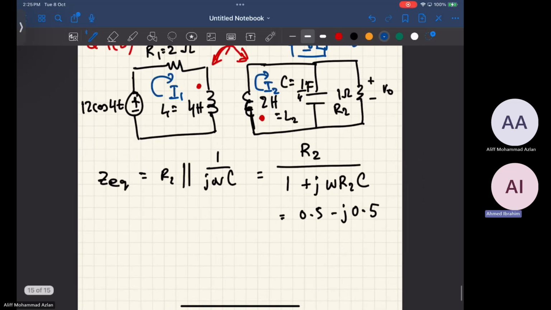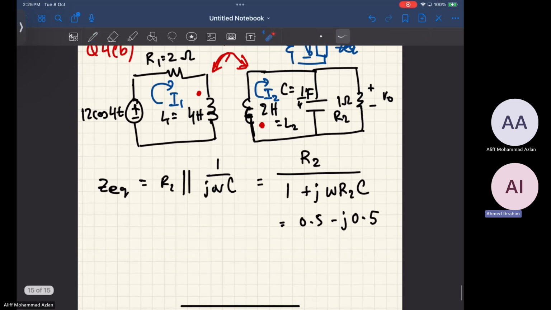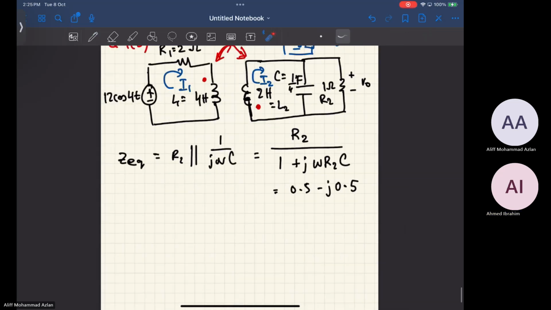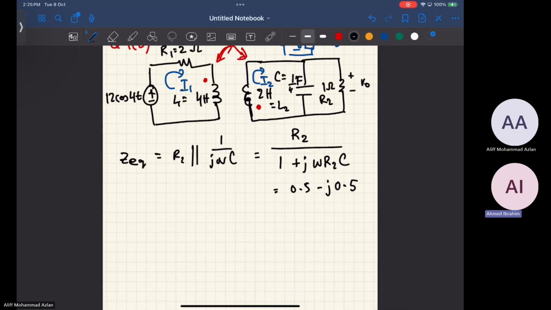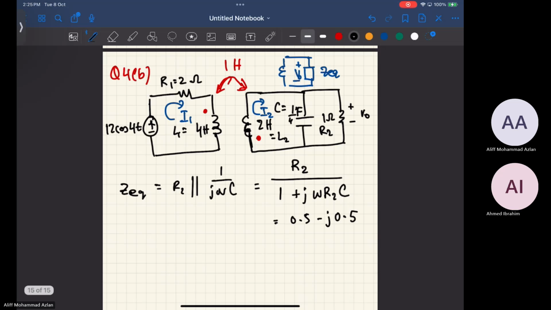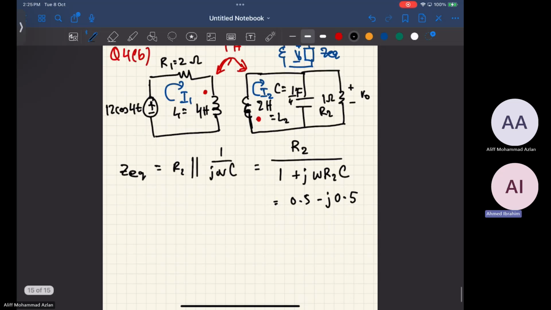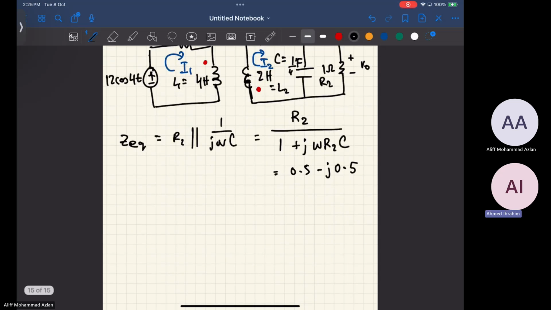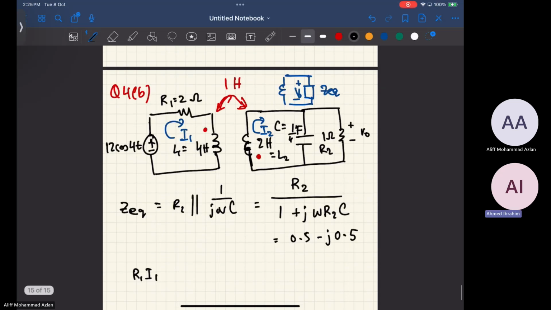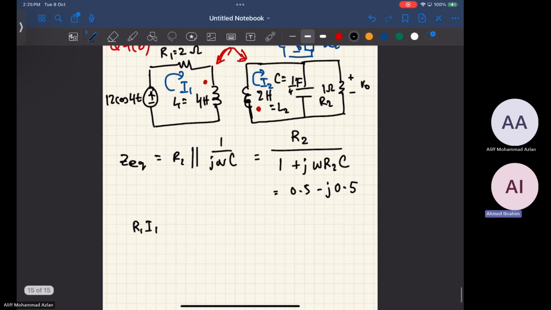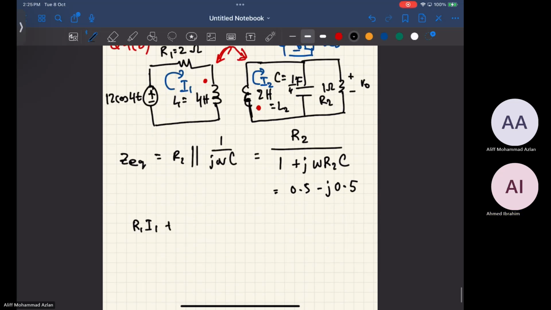And now we'll write the first mesh equation in this mesh. So we have I1 times R1 is the voltage drop across the resistor. And we have the voltage drop across the inductor due to the self-inductance, J omega L1 I1.